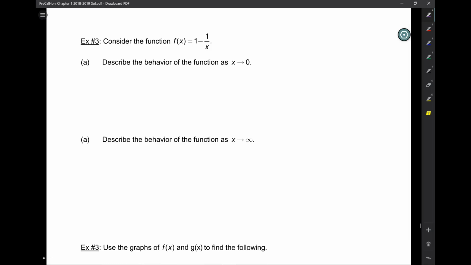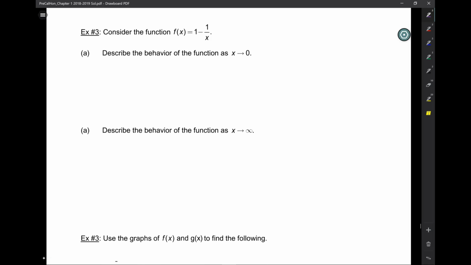Let's move on. I'm going to ruin the element of surprise for you. Example 3 will definitely show up on your test. Why are there 2 example 3s?